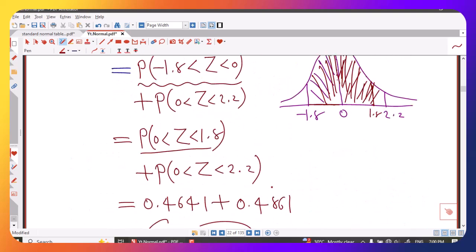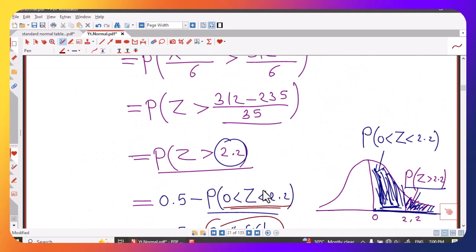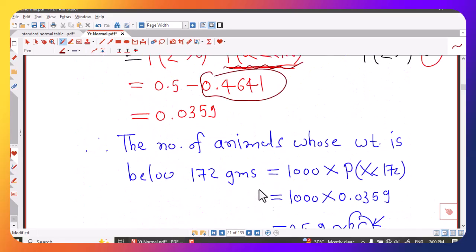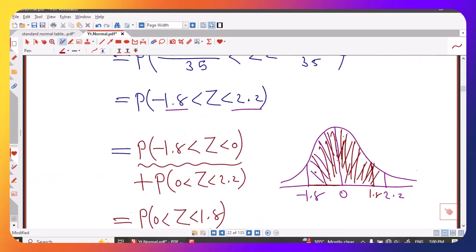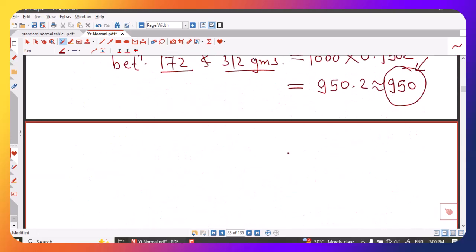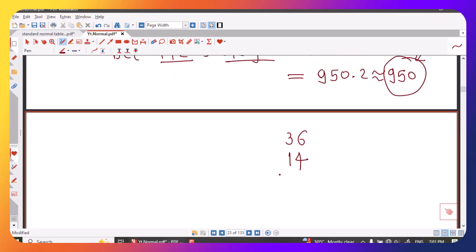And you can cross check if you add all these values. In the first part we obtained 36 animals whose weight is below 172 grams. In the second part we obtained 14 animals whose weight is above 312 grams, and now we have 950 animals whose weight is between 172 and 312 grams.